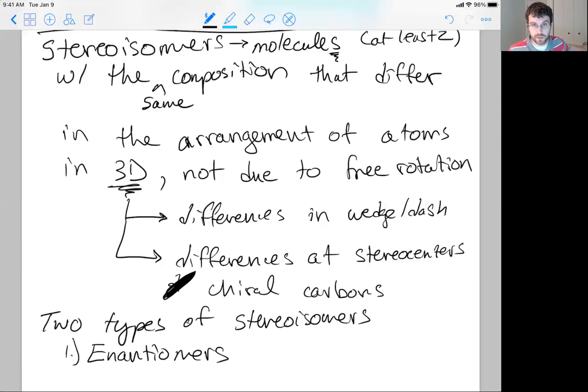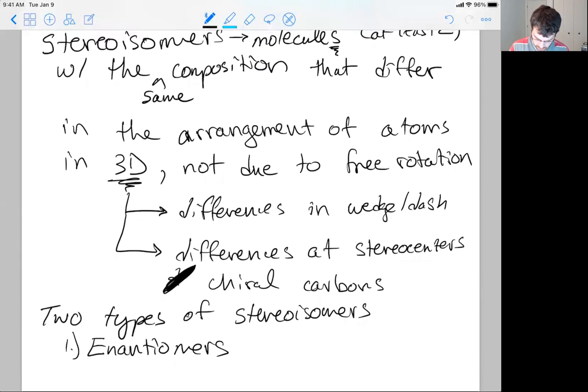Number 2, we have diastereomers. Enantiomers, diastereomers. Okay? Not the easiest words to say the first time that you learn them, but 2 very important words that we should get comfortable with. So what we're going to do is talk about the general gist of these things now, and then we will get into more specifics on them in the next 2 lectures.